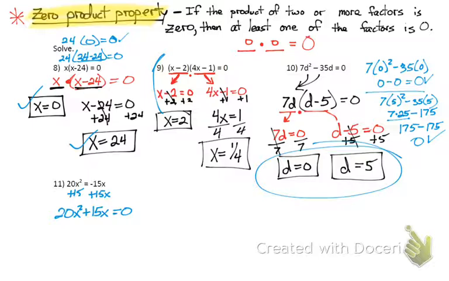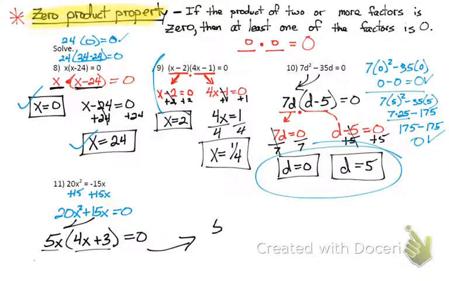Now I can factor 20x squared and 15x. I think they have a 5x in common. That would leave me with 4x plus 3 equals 0. And now I can set each individual piece equal to 0. So I have 5x equals 0, or 4x plus 3 equals 0.